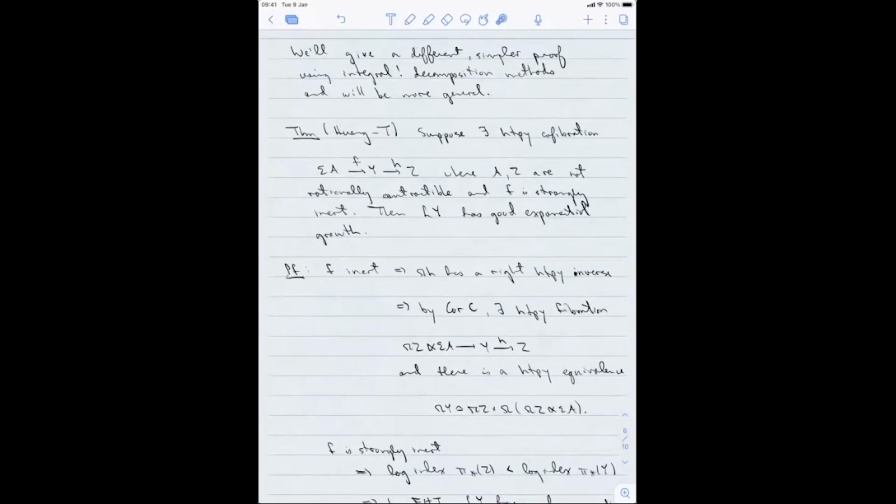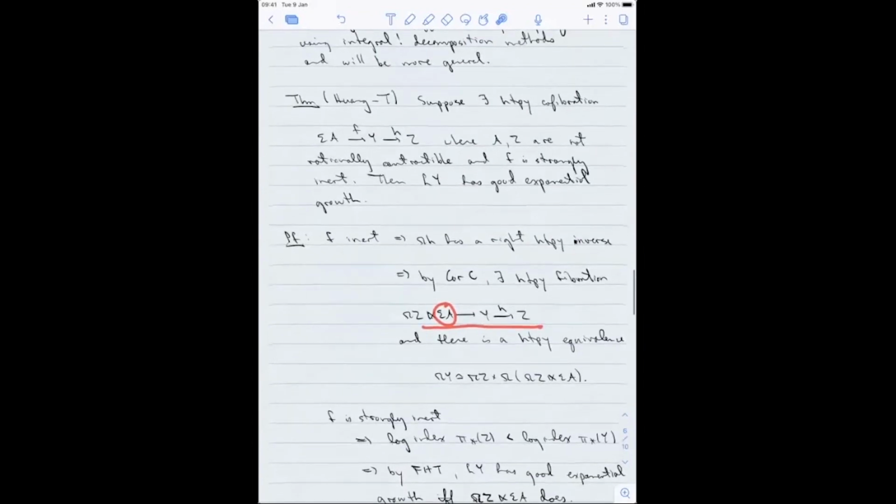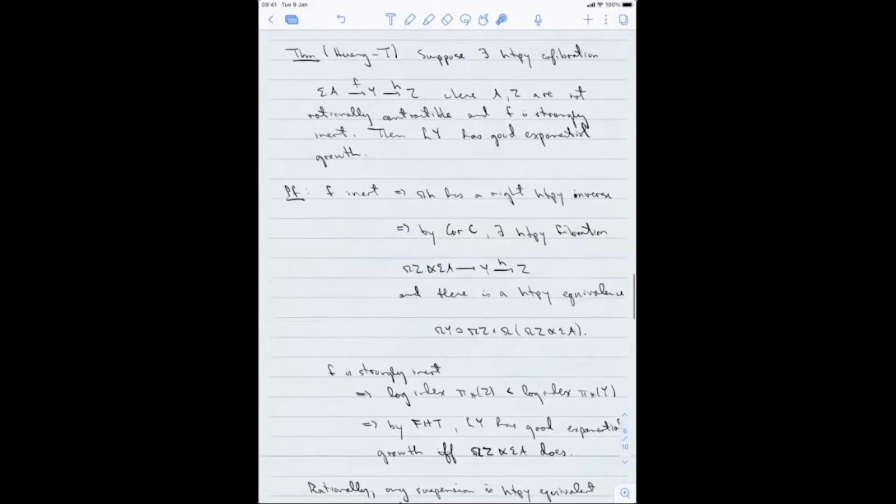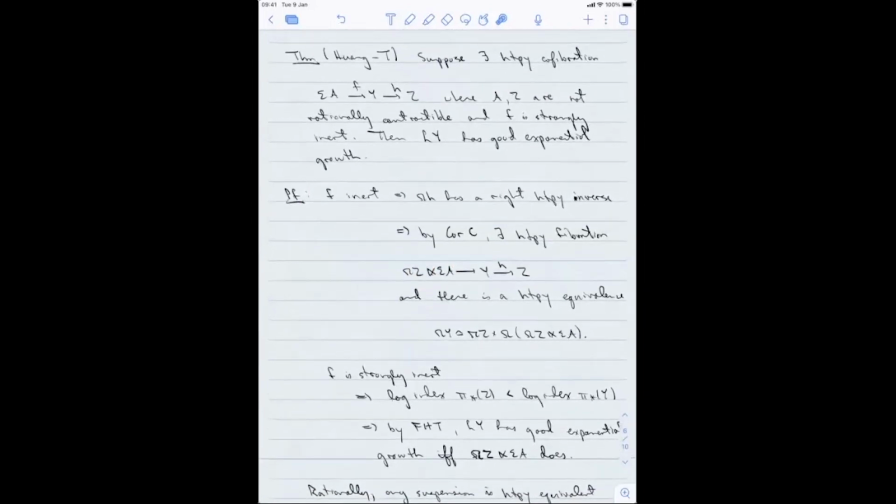I don't see why not. You would get the same fibration, except this is a coh space. So you would be able to split the half smash. And so long as your coh space and Z were not rationally contractible, it would all work out.